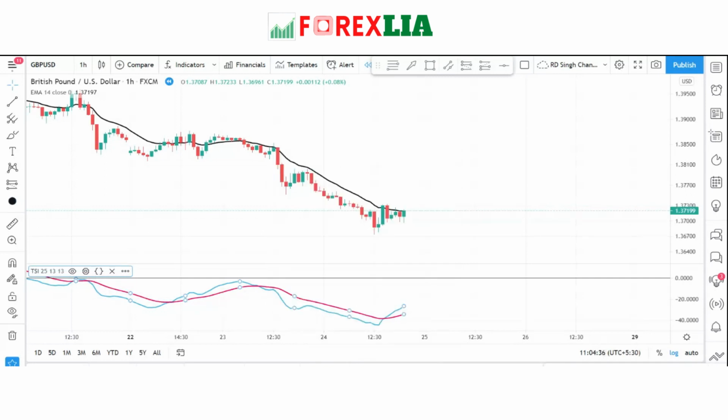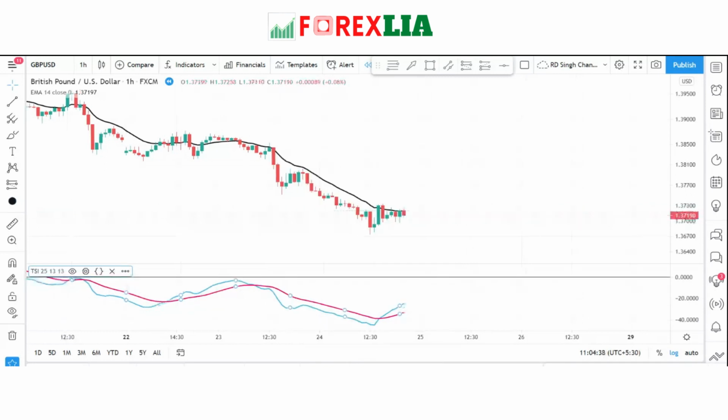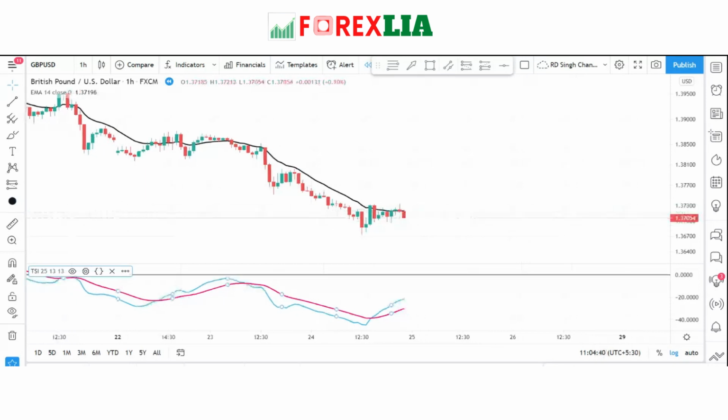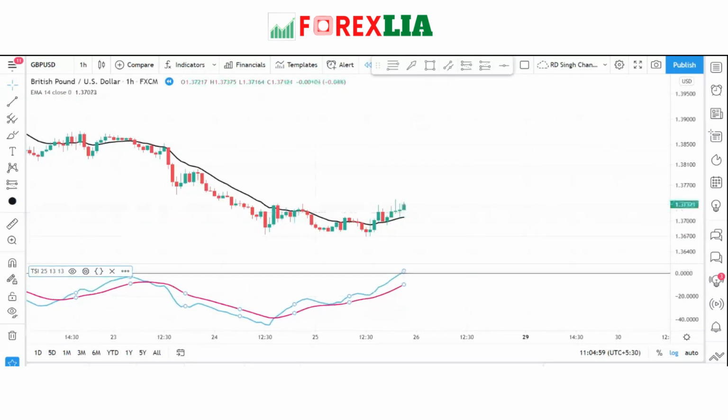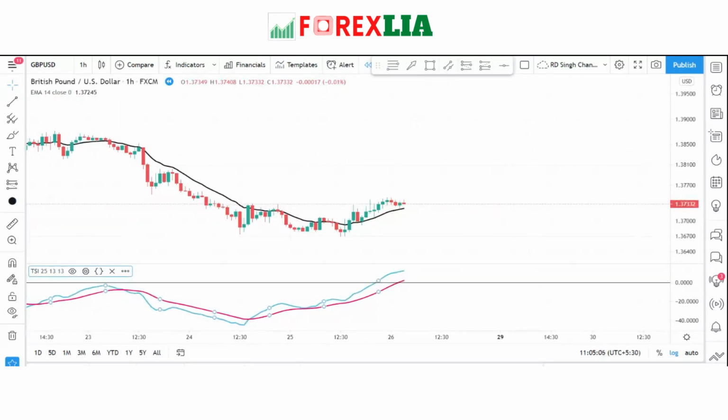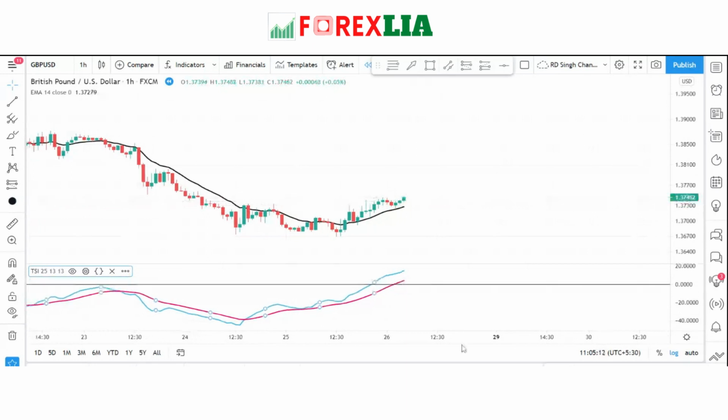A signal to buy is generated when the TSI crosses above the zero line and above the 14 period EMA. Now here is the indicator buy signal confirmation: TSI crosses above the zero line and above the 14 period EMA. We place a buy trade here.